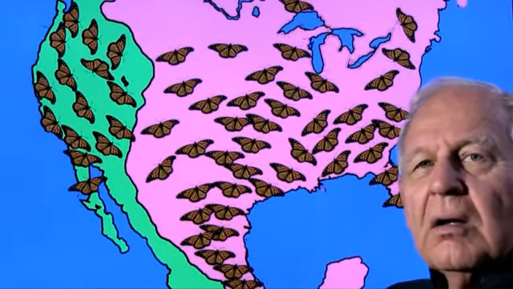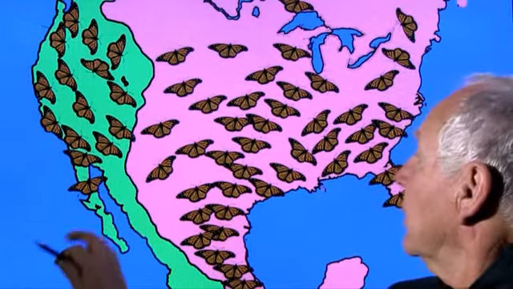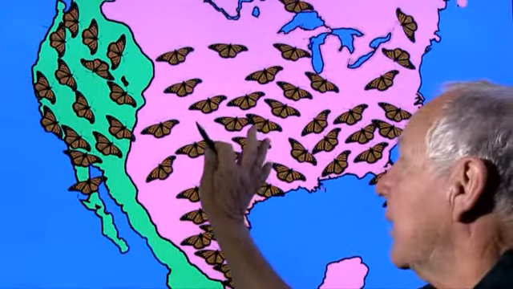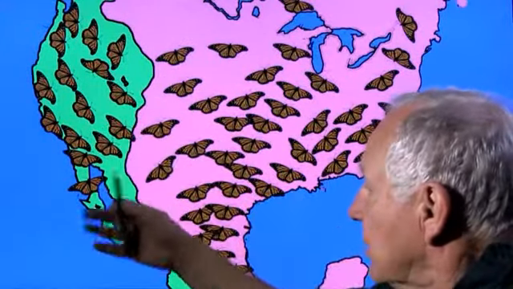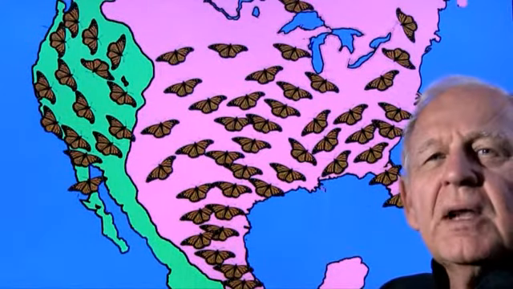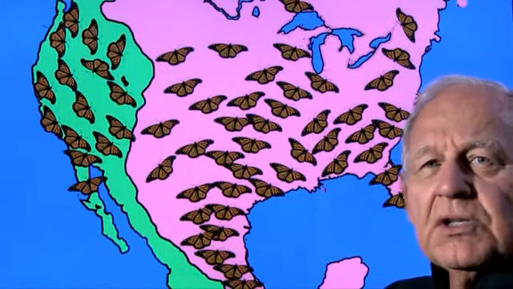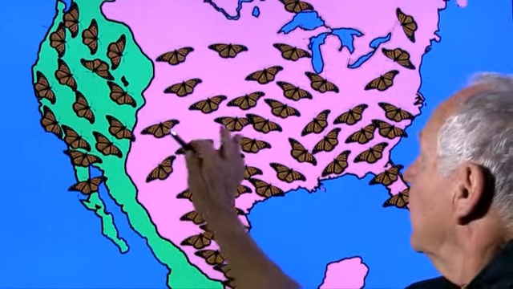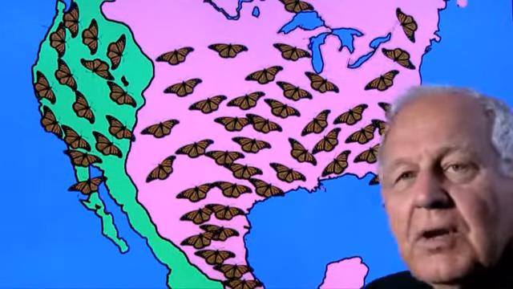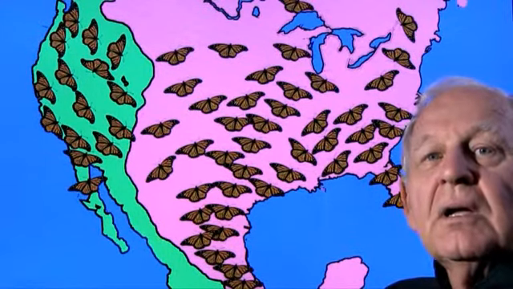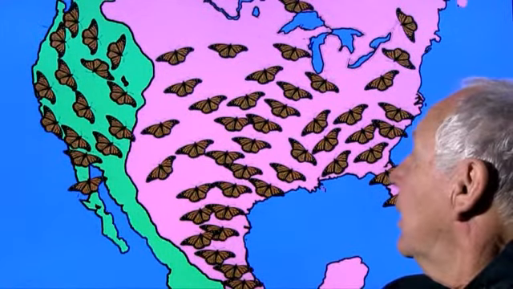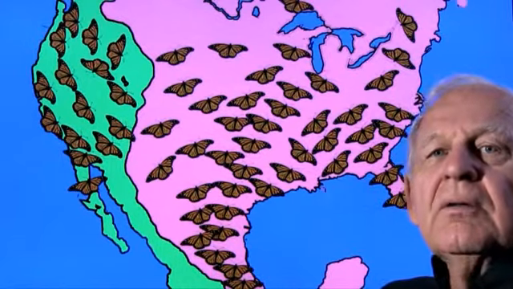The caterpillars are munching out on milkweed, and several generations are occurring in the two populations of monarch butterflies. We have a western population west of the Continental Divide and an eastern population, which is a larger group of butterflies, and they are all over the United States and southern Canada, east of the Rocky Mountains.